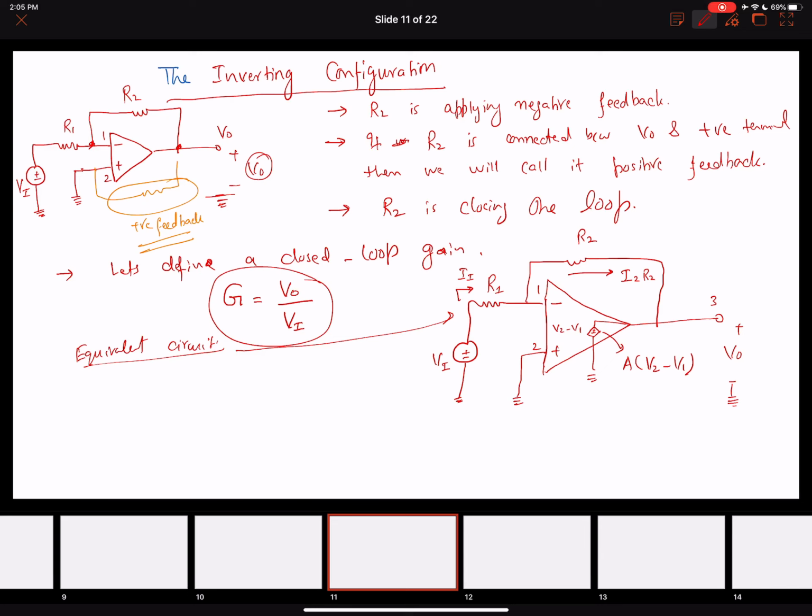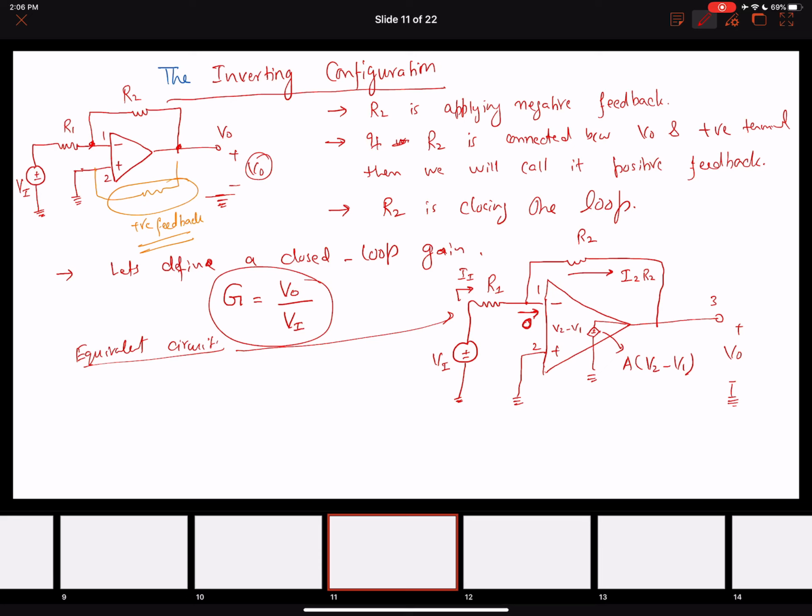All right, so this is the very detailed representation of our inverting configuration, where we have a resistance R2 in the feedback loop from the output V naught, third terminal, to the first terminal, the inverting terminal. So if we look closely, we already know some of the characteristics of this amplifier: no current, so this 0 over here represents that no current will go into the input terminals.